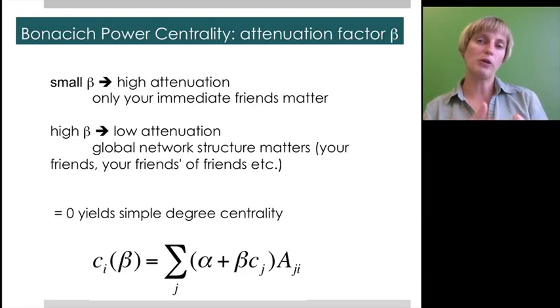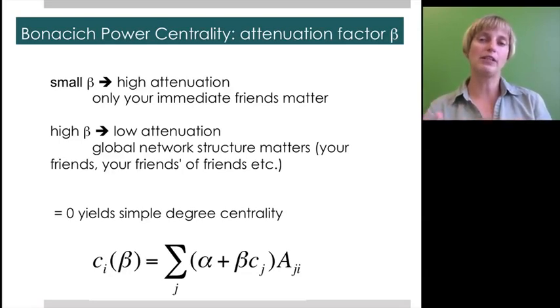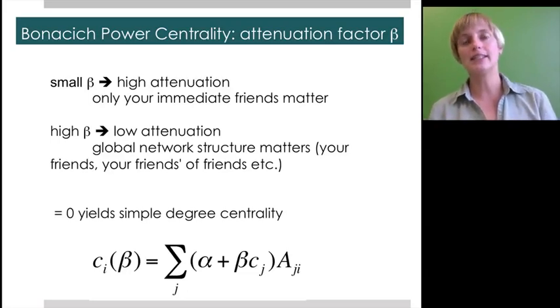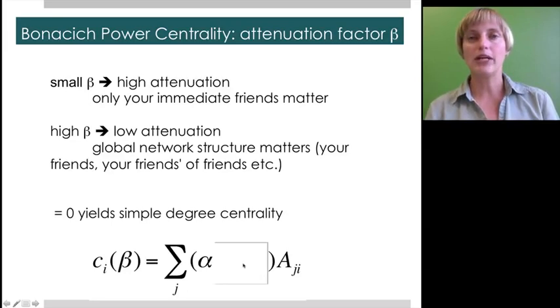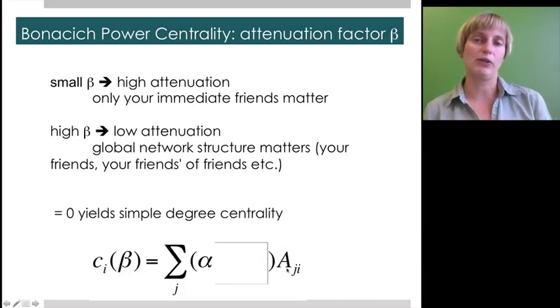It's not just how important your friends are, but also how important their friends are, the friends of friends of friends, etc. And in the case that beta is 0, you're just recovering the degree centrality, because all you have is the sum of the edges for a node.